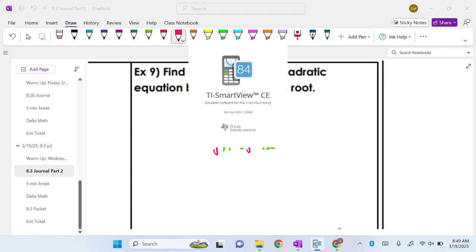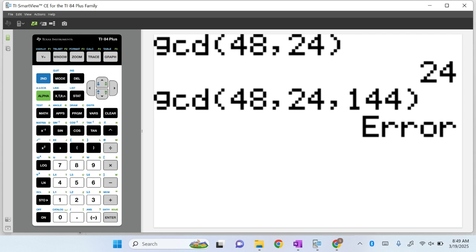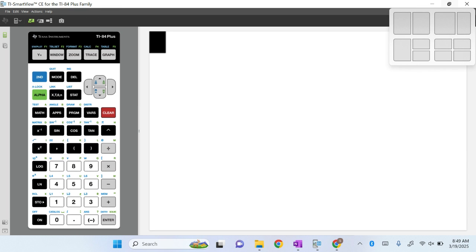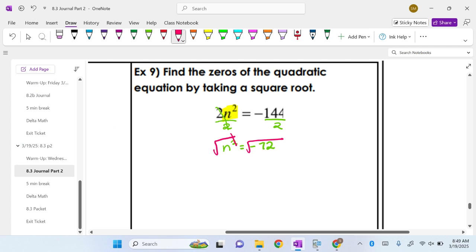So what's the square root of negative 72? Do you get like a weird decimal or anything? What does it say when you put in the square root of negative 72?